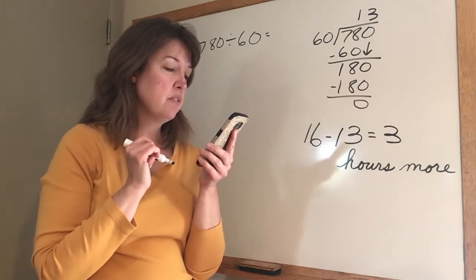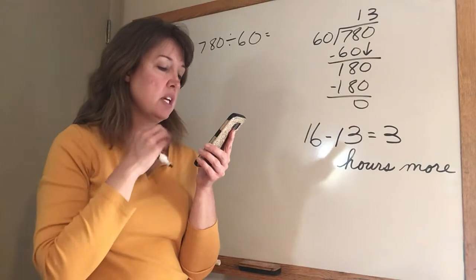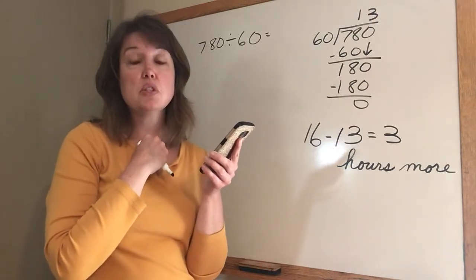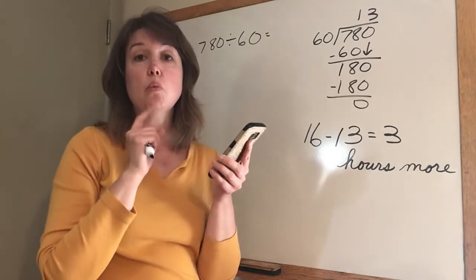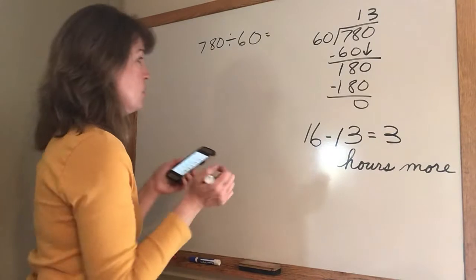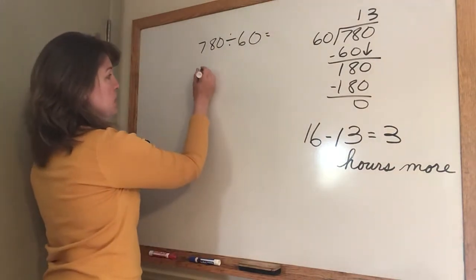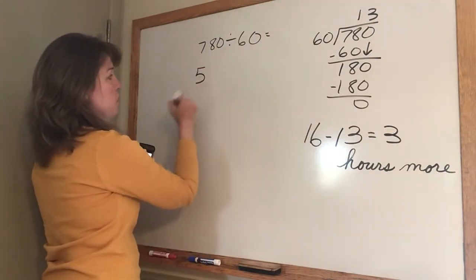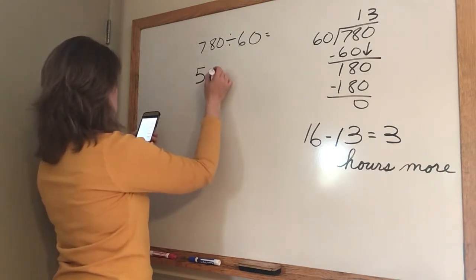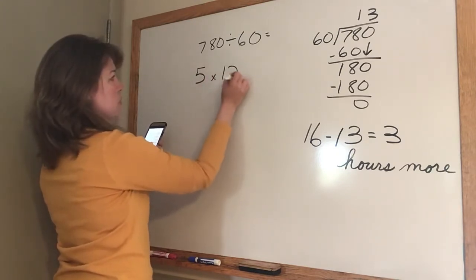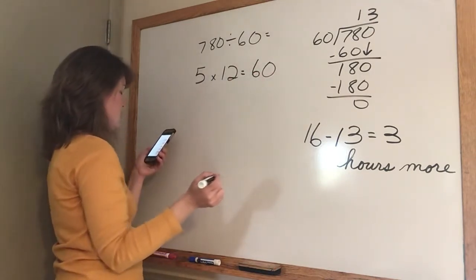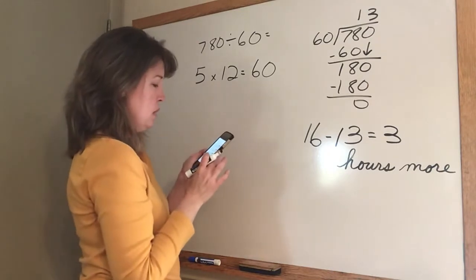So 5 feet. Let's change 5 feet into inches. How many inches are in 1 foot? That's 12, right? So if we're going to take feet to inches, we would take 5 feet and multiply that by 12, which is 60. So 60 inches.